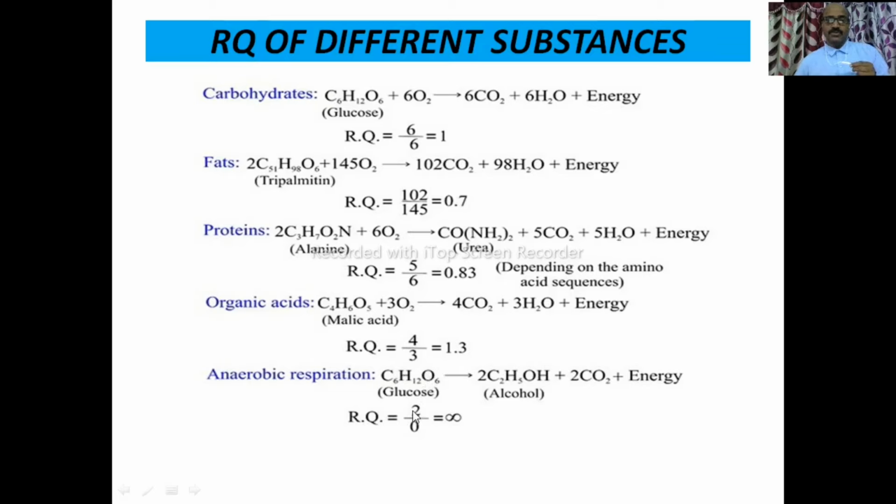So 2 divided by 0 is infinite. In case of anaerobic respiration, the RQ value is infinite. So we have to remember: in case of carbohydrate the value is 1, in case of protein and fat the value is less than 1, in case of organic acid the RQ value is greater than 1, and in case of anaerobic respiration the RQ value is infinite.